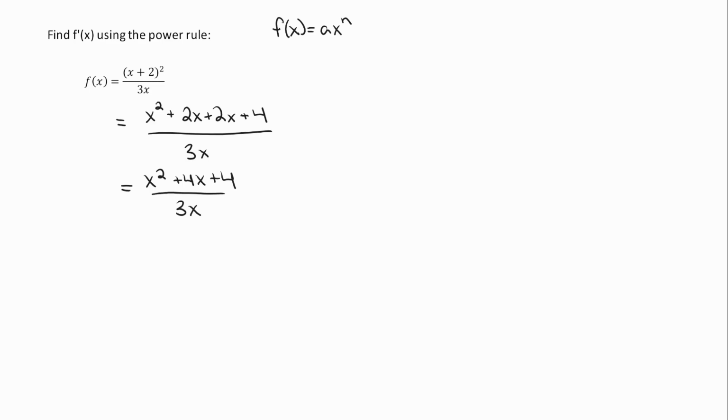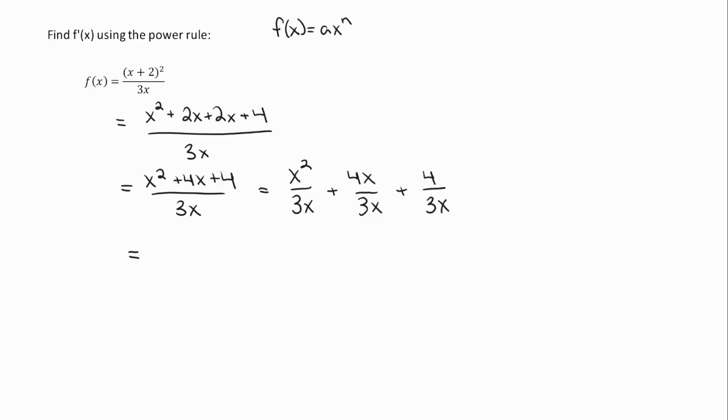And now since we want to get into the a times x to the power of n form, in this fraction, since we have only one term in our denominator, this is the same thing as saying x squared divided by 3x plus 4x divided by 3x plus 4 divided by 3x.